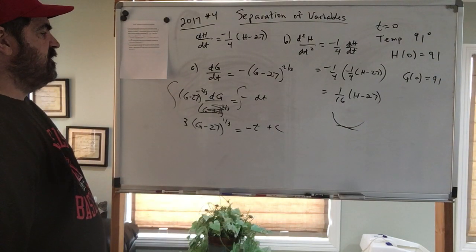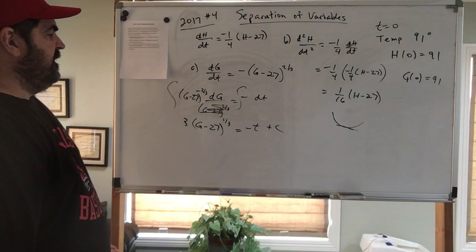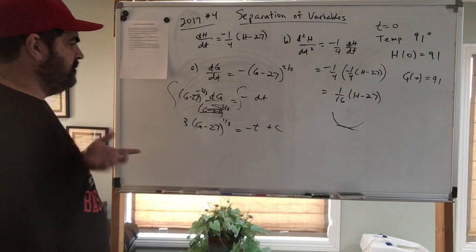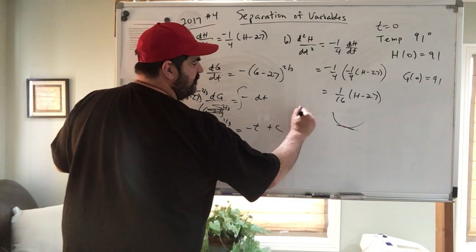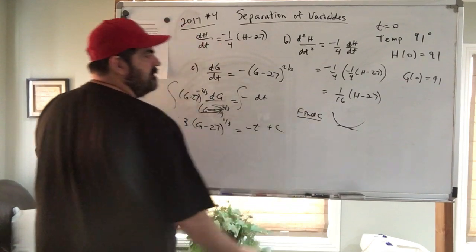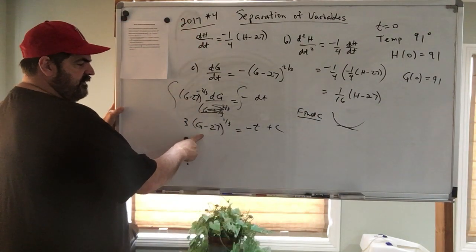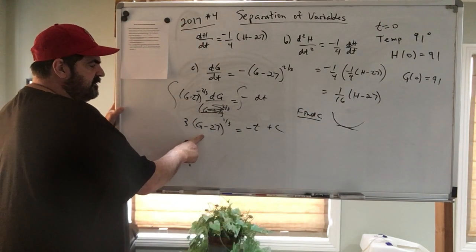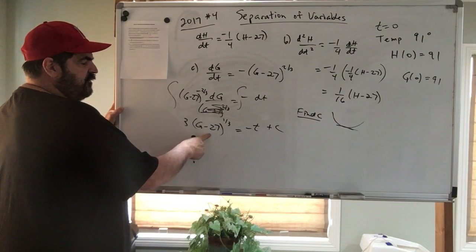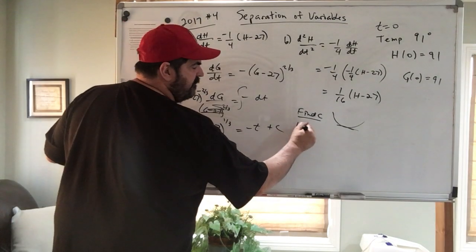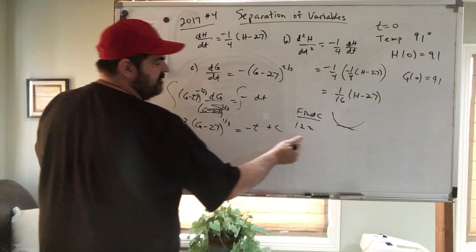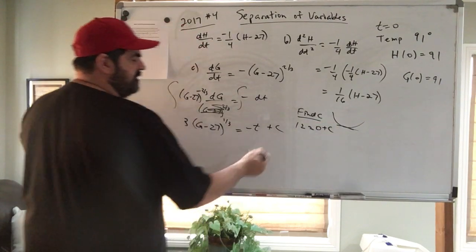All right, so there's our original, but we gotta find our c. They said, remember G of 0 is 91, so we can find c now. So I plug in 91 over here. 91 minus 27 is still 64. The cube root of 64 is 4 times 3 is 12, so that side's 12. And I plug in 0 there. So we get c is 12.